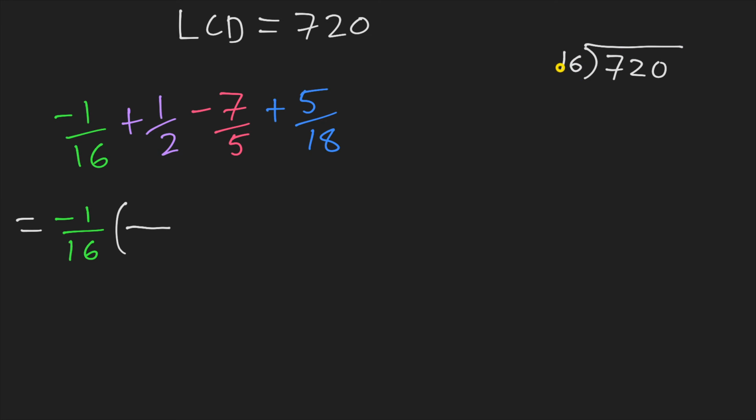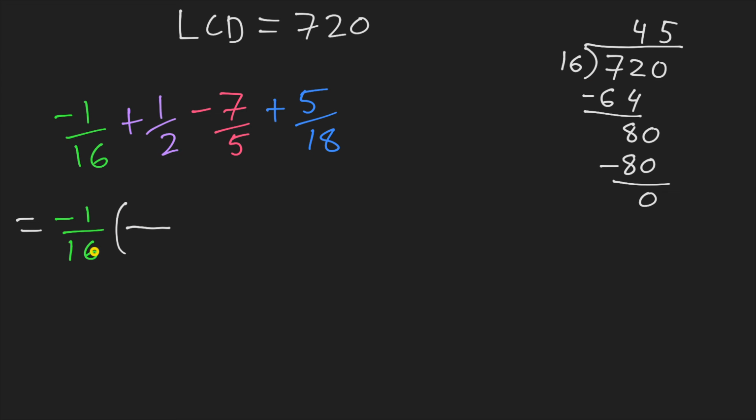So how many times does 16 fit into 72? 4 times. 4 times 16 is equal to 64. Subtract 8. Drop down to 0. How many times does 16 fit into 80? 5 times. 5 times 16 is equal to 80. Subtract 0.